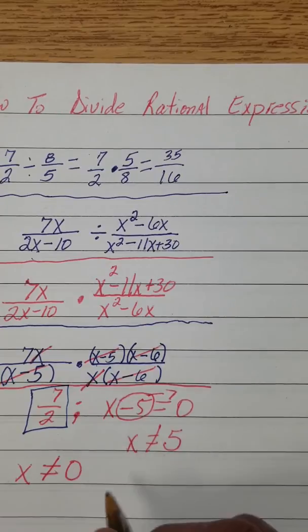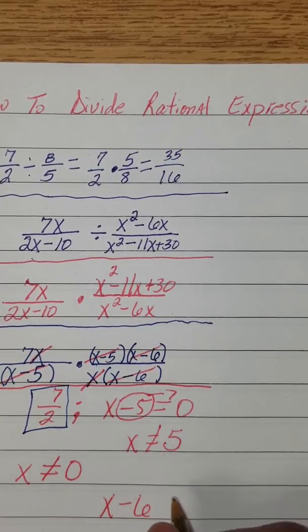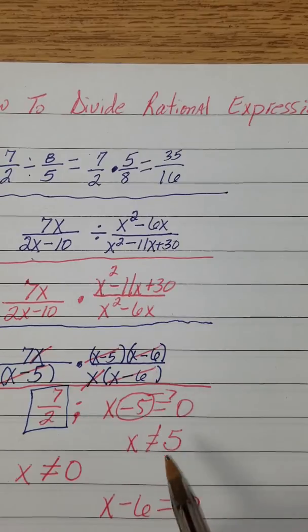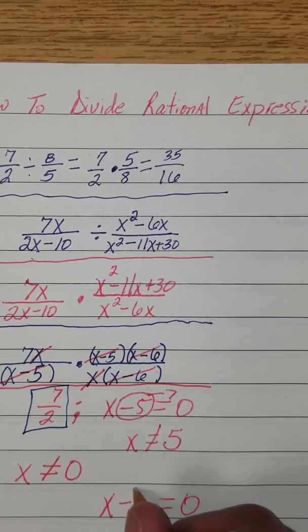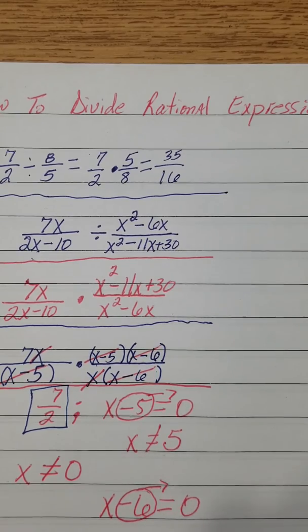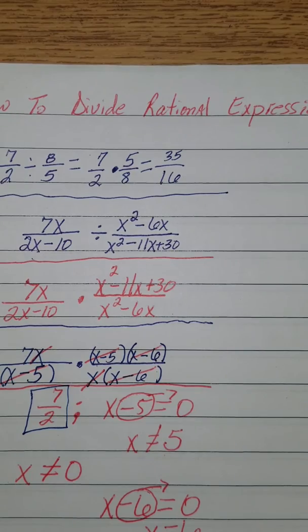And lastly, I'll take my x minus 6, and I will set this one equal to 0 as well. This is another factor that we divided by. I'll move this negative 6 to the other side and change its sign. So I'll have x is equal to a positive 6.